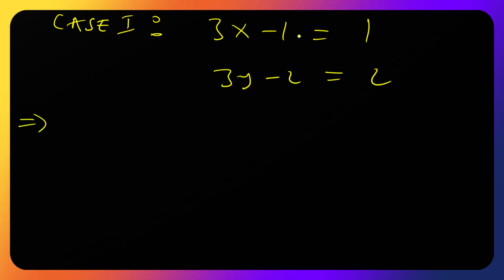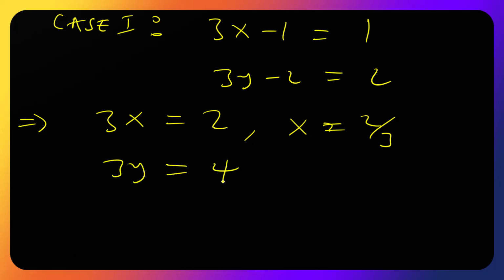So we have this side as 3x equals 2, so x will be 2 on 3. And we have 3y equals to 4, and I have y as 4 on 3.